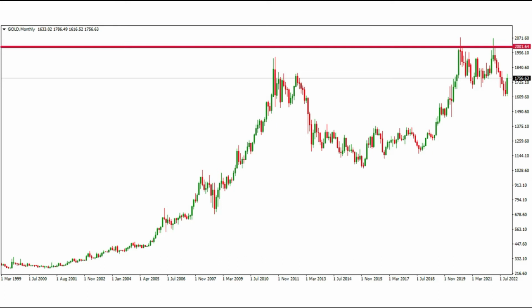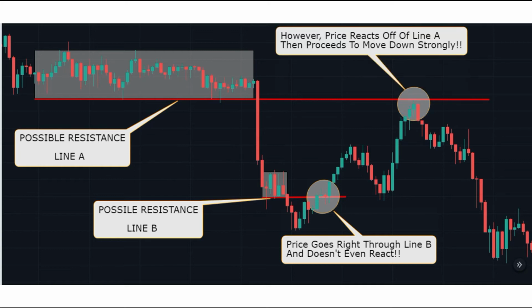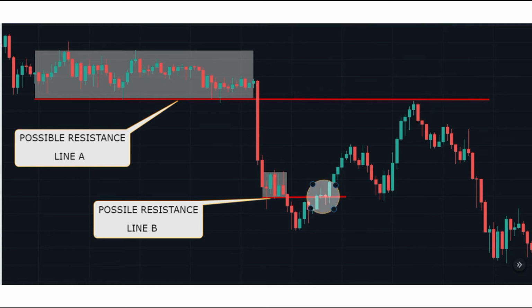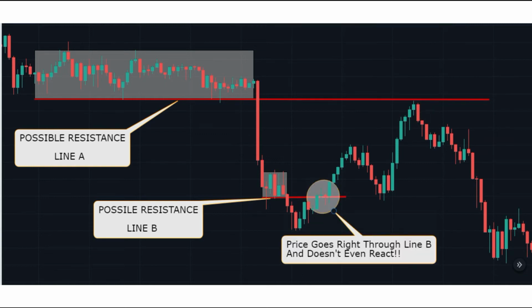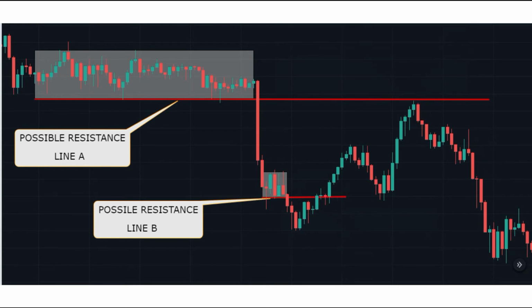Then, like I said, we can watch various examples on our chart and look for psychological levels. But you need to know that it's very important to feel and see a reaction on that level. For example, you can draw some level. It can be a round number, no problem, but you need to see a reaction. On this chart, you can see that for line B, price doesn't react.